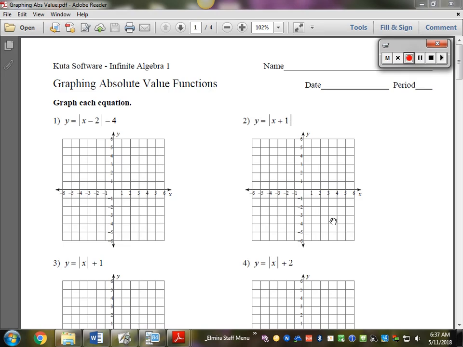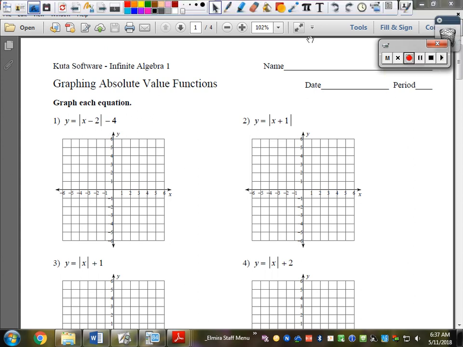So just to reiterate, I want to make sure I tell you, and we add the directions right here on the homework. So our additional directions are to describe the transformation from y equals absolute value of x.